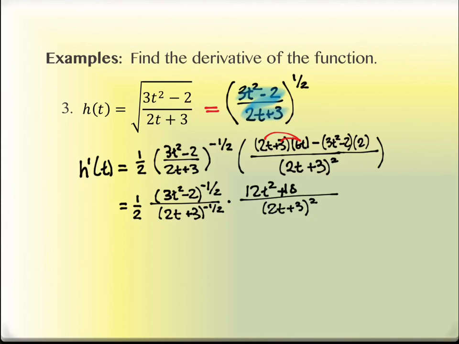Right, plus 18t. Okay, let me move that over. Cool. And then I'm going to distribute both the negative and the 2 through the 3t squared minus 2. So what is the 3t squared times negative 2? Negative 6t squared, and then positive 4.